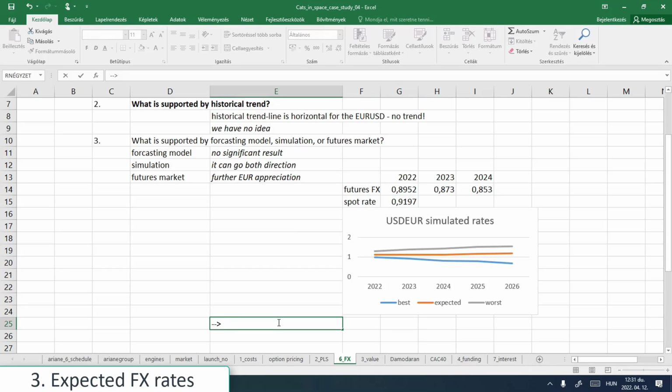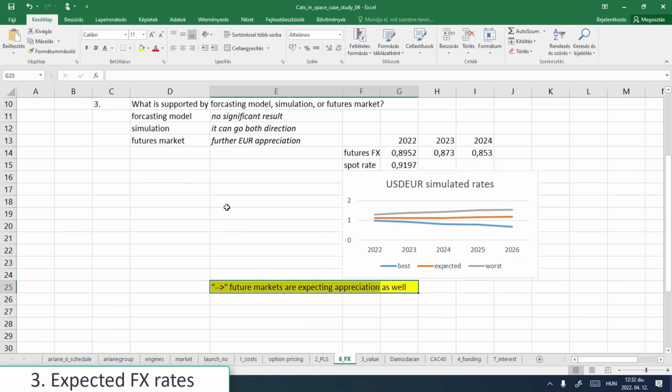Right now the best we have is the futures market expectations, so the entire market thinks that the currency will appreciate. This is great news for our company.